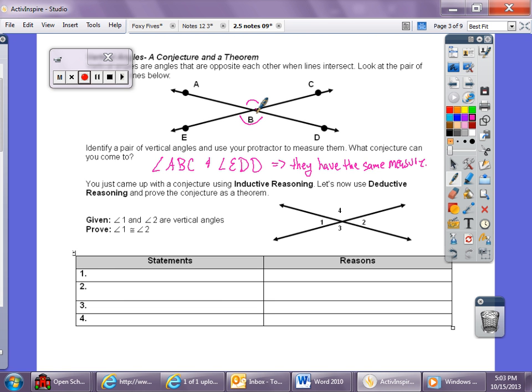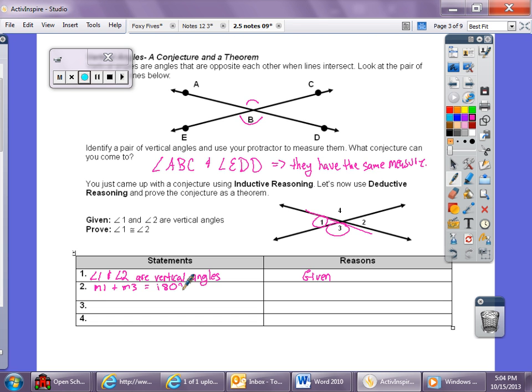The first statement: we're given that angle 1 and angle 2 are vertical angles. This is our given statement. Then we know that the measure of angle 1 plus the measure of angle 3 equals 180 degrees.